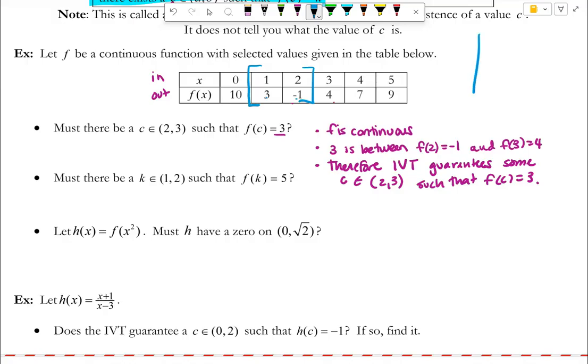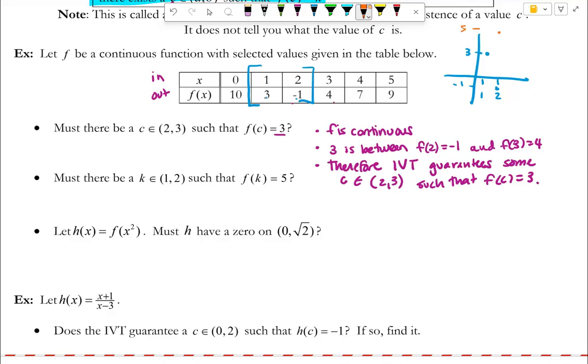So if I just think about this on a graph, when x is 1, my output is, let's say, here at 3. When x is 2, my output is down here, say at -1. And the question is, must there be a k value between 1 and 2 where our output is 5, which I'm imagining would be up here?